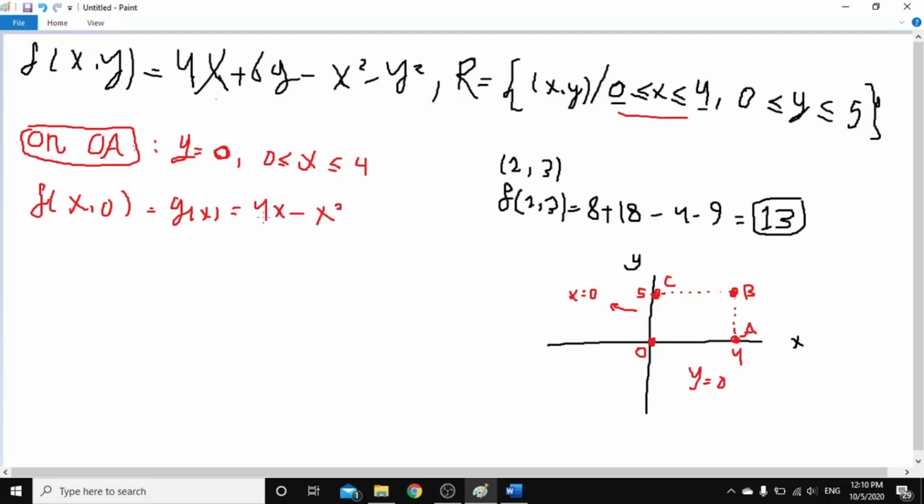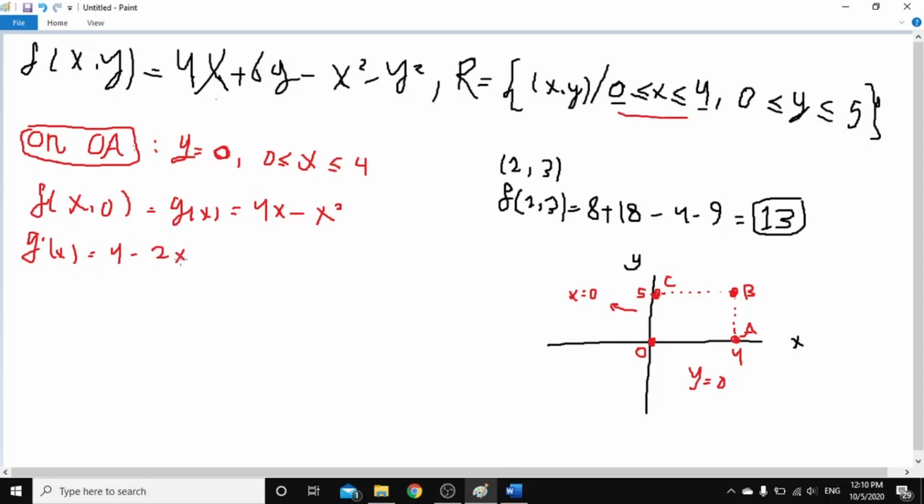Why did I write 4x minus x squared? Because notice the y is 0, so if you put 0 in the y's here, those cancel, and what is left is 4x minus x squared. Then let's take its derivative. The derivative g prime of x is going to be 4 minus 2x.